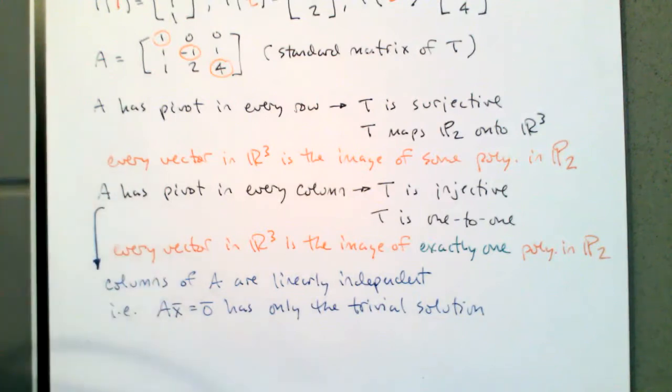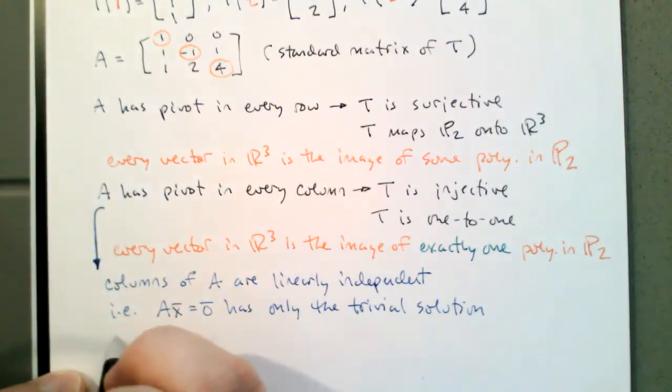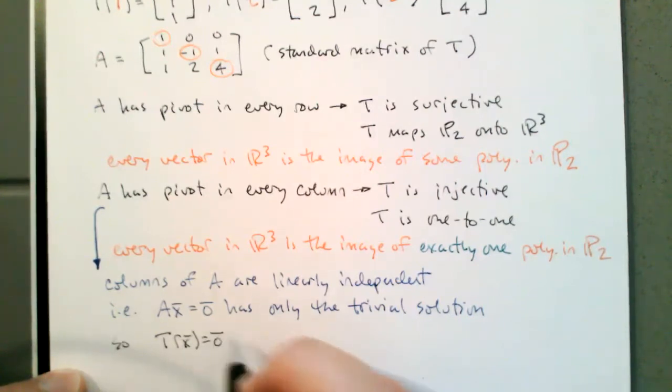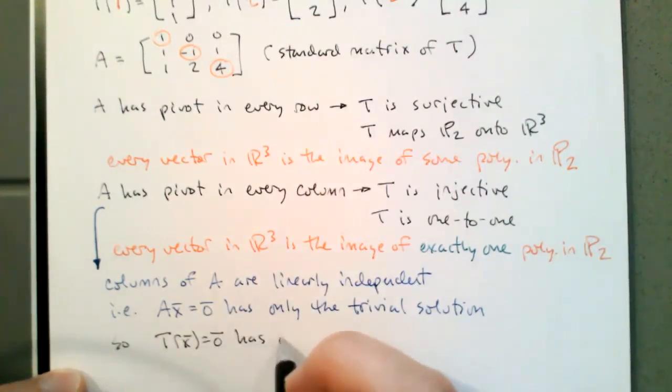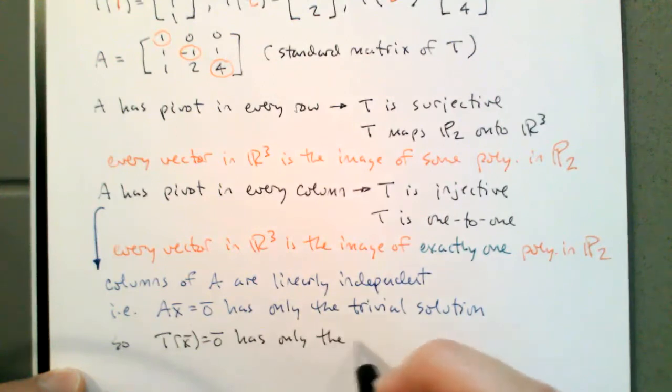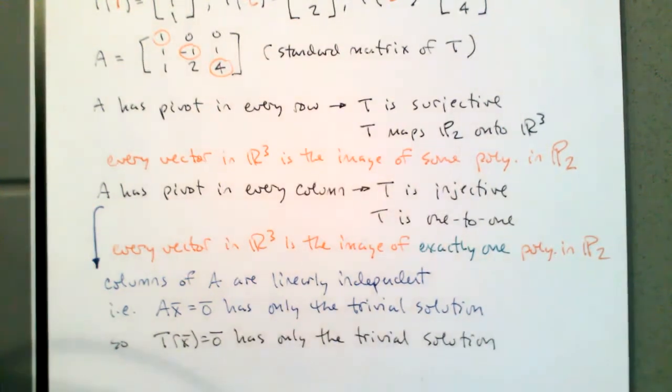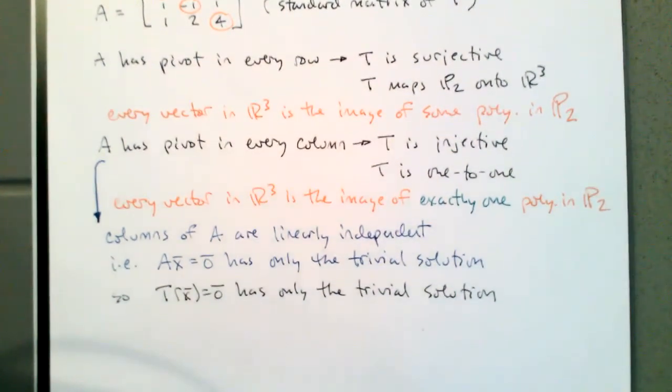So this also means for the transformation that T of x equals 0 has only the trivial solution.